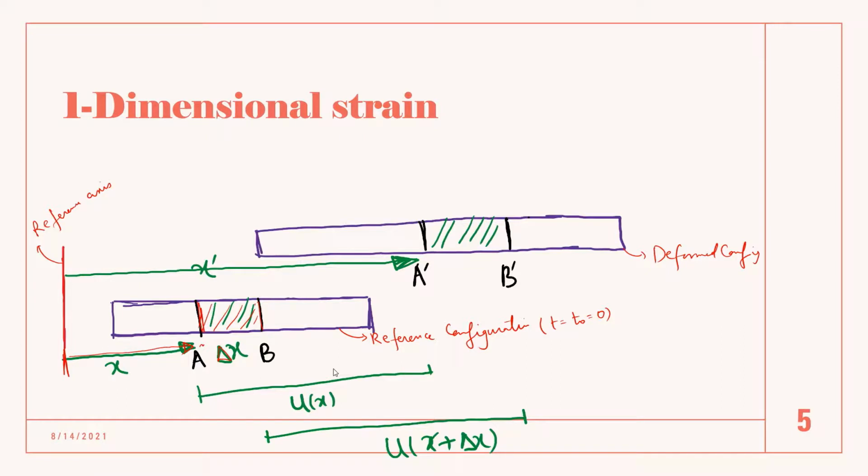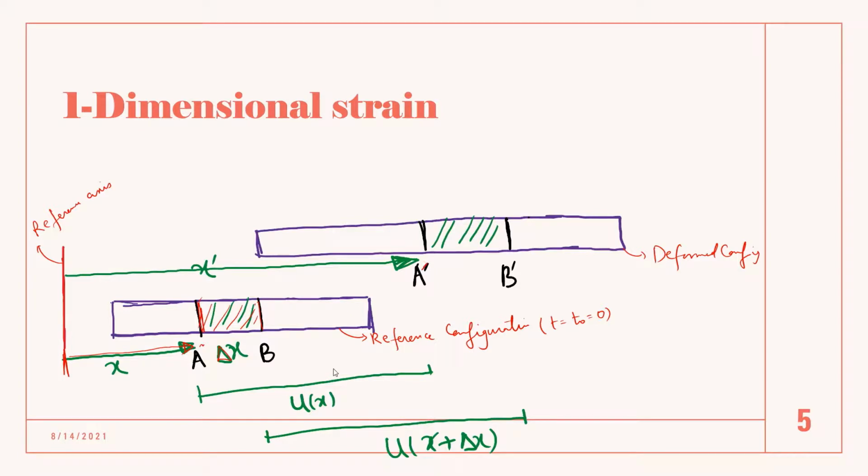And now after some time, when the load has been applied here, this body deformed in this manner, that it got elongated, and this point A has shifted to this point A prime here.